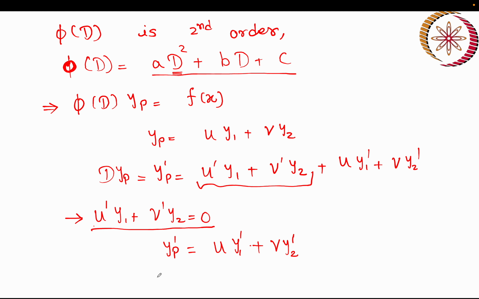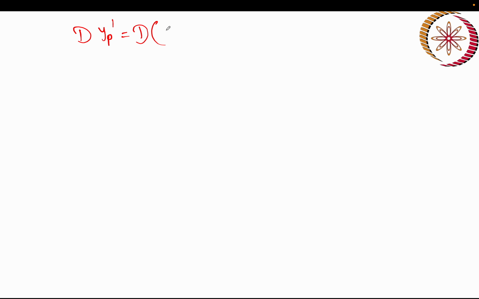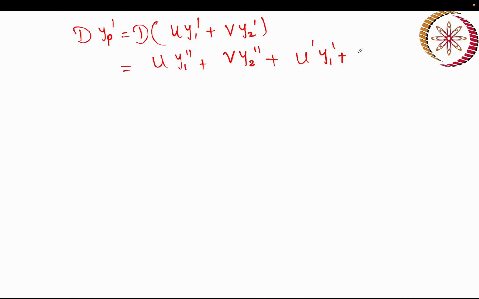Now if we take the derivative of this yp prime, we differentiate u y1 prime plus v y2 prime, and we get u y1 double prime plus v y2 double prime plus u prime y1 prime plus v prime y2 prime.